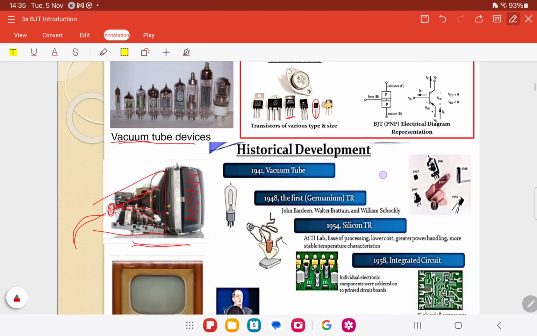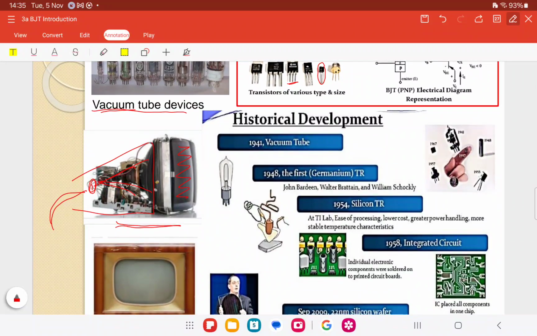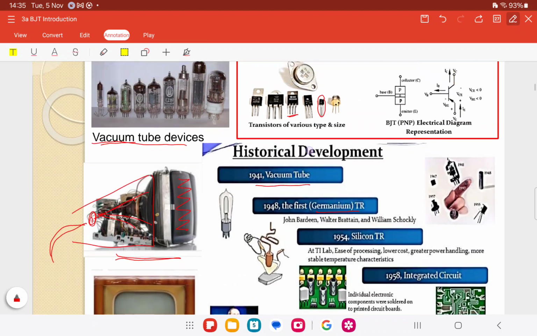This came from Europe. They used vacuum tubes, and then around the 1980s they discovered the germanium transistor, the first one. At that time the transistor was not as tiny as we have these days.